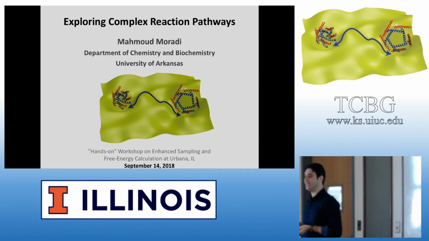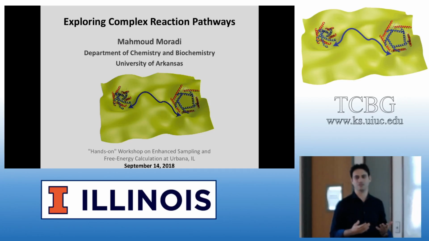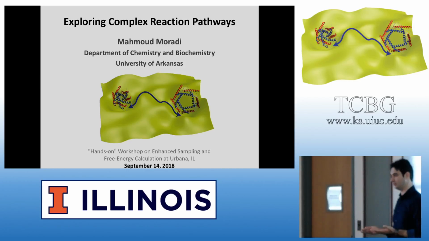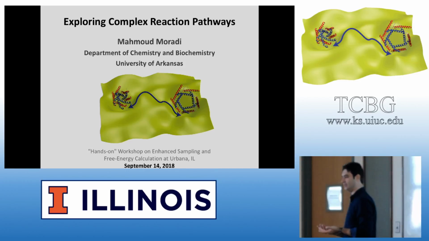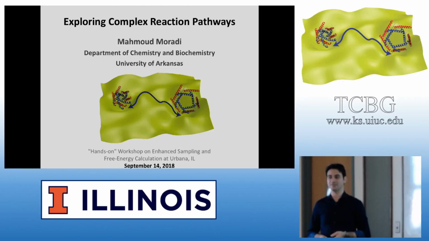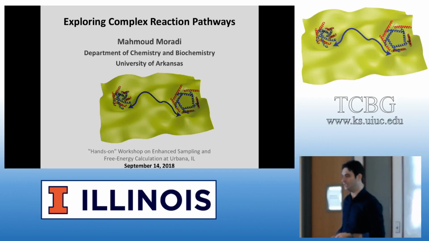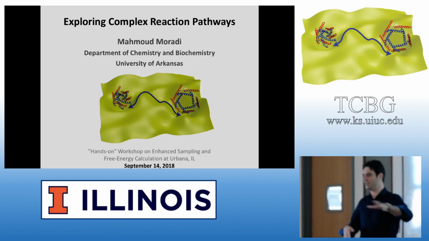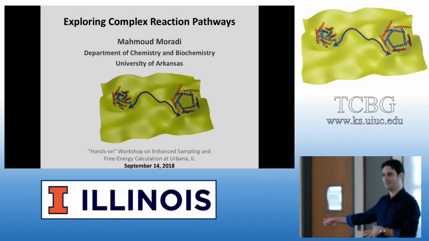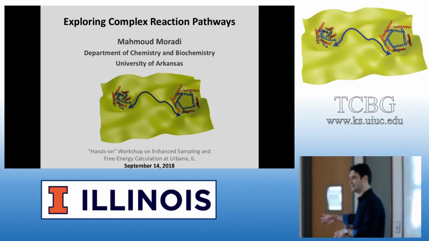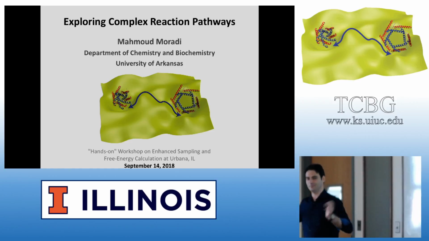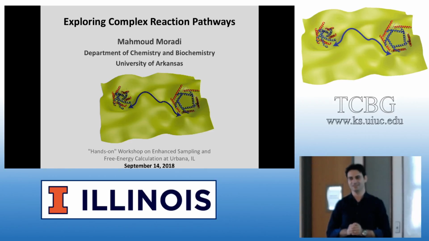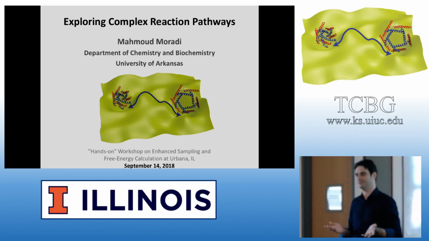So the idea here is larger scale conformational changes are important because they exist and they play a very important role in the function of many proteins. And to study them, we need to have a lot of experimental data combined with a lot of computational techniques, using also probably big supercomputers.